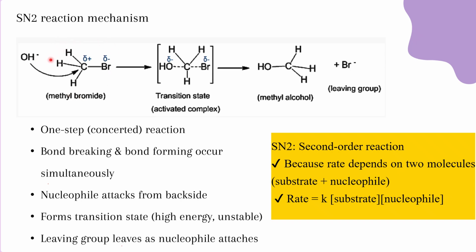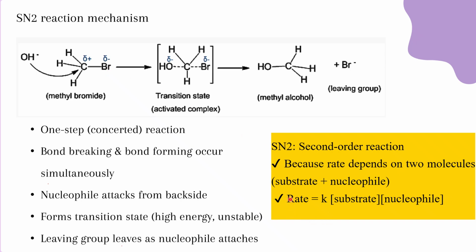At the same time, the nature of the nucleophile is also important, because in order for this reaction to happen, we need a strong nucleophile that can easily attack and immediately form the product. So we need a strong nucleophile in order to do this reaction. So the concentration of the nucleophile as well as the concentration of the substrate is important.